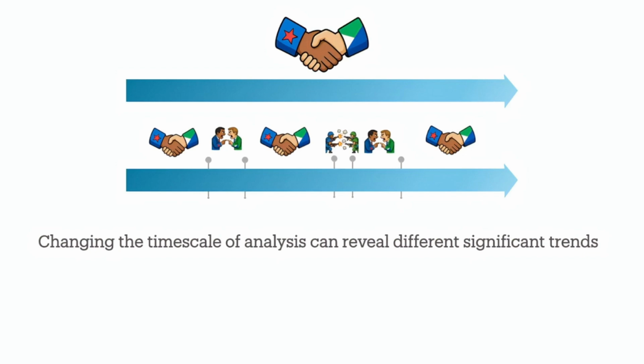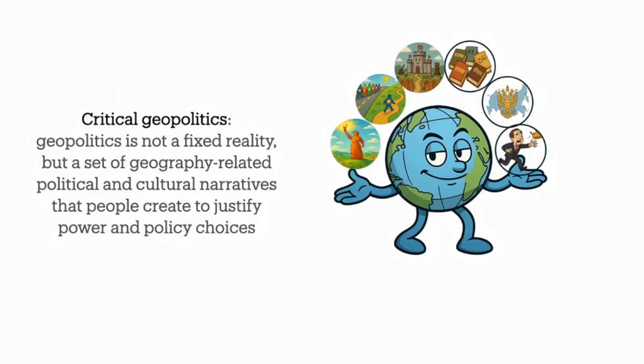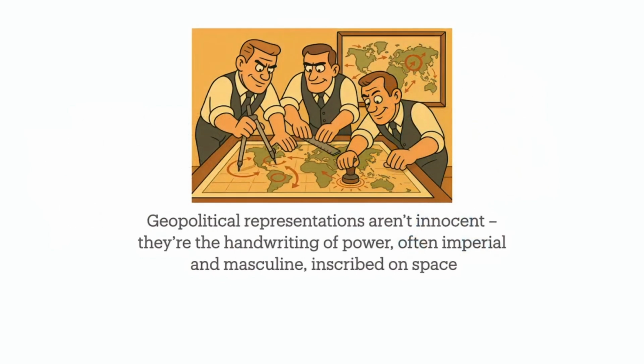And now let's proceed to critical geopolitics. It argues that geopolitics is not a set of fixed geopolitical laws, but a set of constructed, subjective ideas and cultural stories that people create to justify power and policy choices. Geopolitical representations, maps, and spheres of interest are not neutral. They usually advance the interests of powerful states and elites, often imperial and historically mostly male.